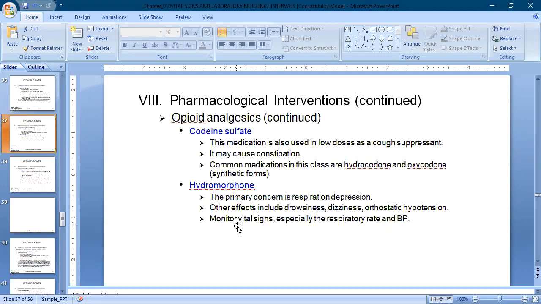An easy way to remember the side effects of opioids is A, B, C, D. A stands for altered vital signs. B stands for breathing depression, and they cause blurred vision. C stands for constipation. If anybody takes opioids, constipation develops. And D stands for dizziness, and retention, distension of the bladder, urinary retention.